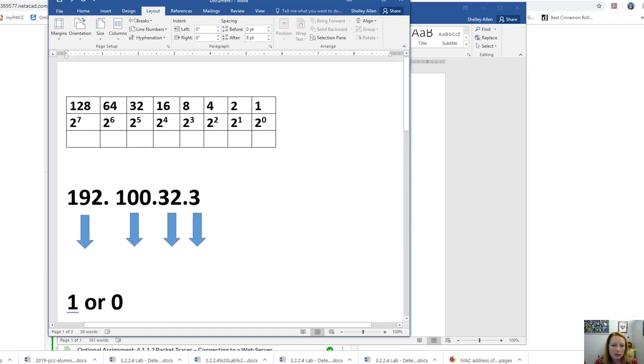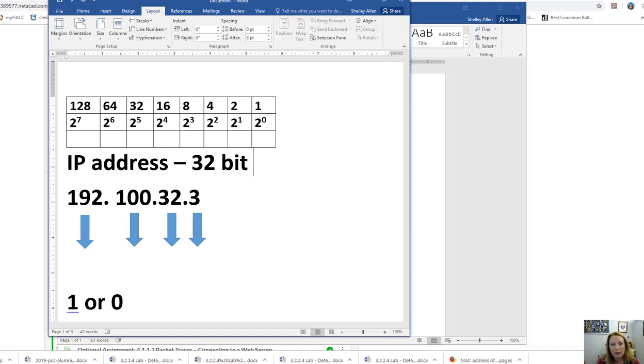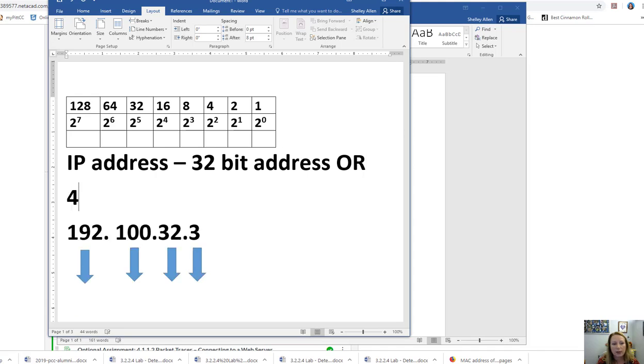So each one of these numbers here is equal to 8 bits. 192 is equal to 8 bits of information. 100 is equal to 8 bits of information. 32 and 3. So that makes your IP address a 32-bit address, or you could refer to it as a 4-byte address.